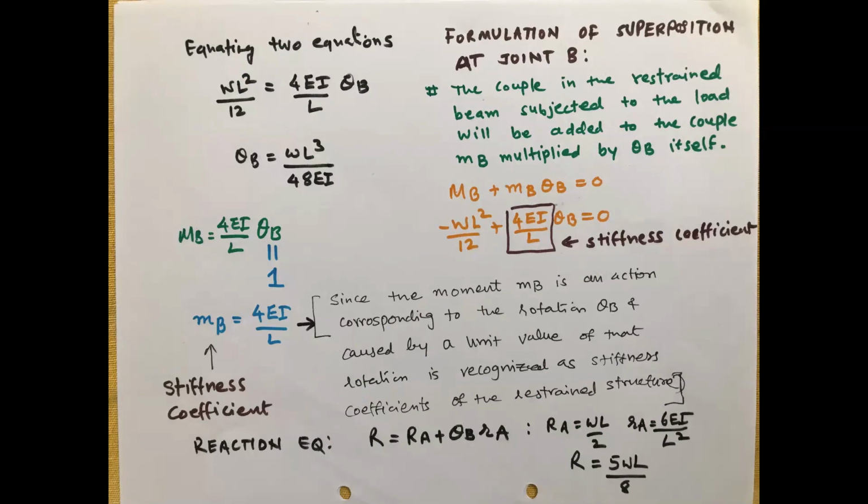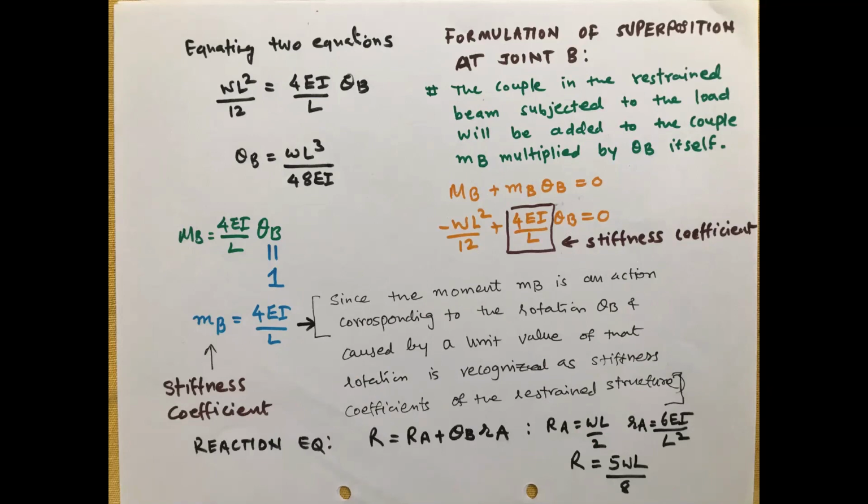So here a stiffness matrix will not be generated; it is a single quantity matrix. This small MB, 4EI by L, is the stiffness coefficient. If I want to write it in a matrix, it is a single quantity matrix.